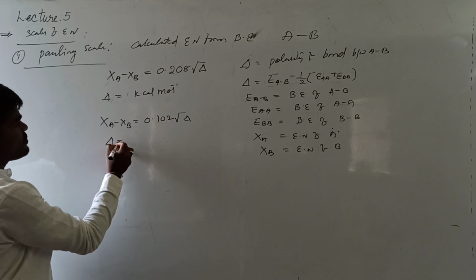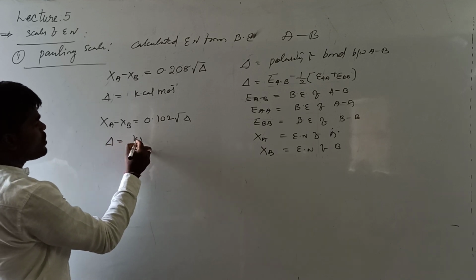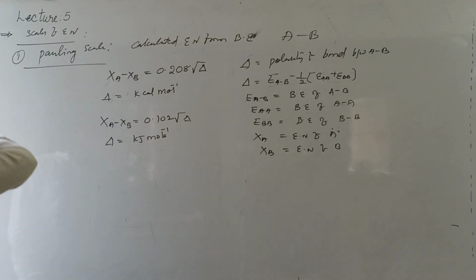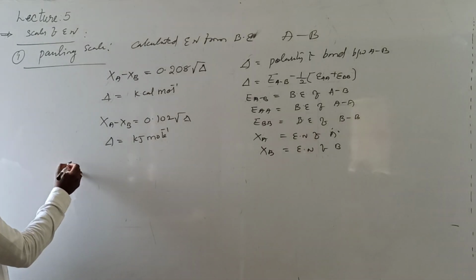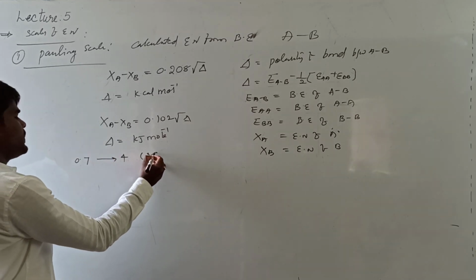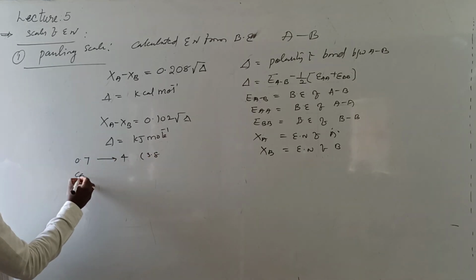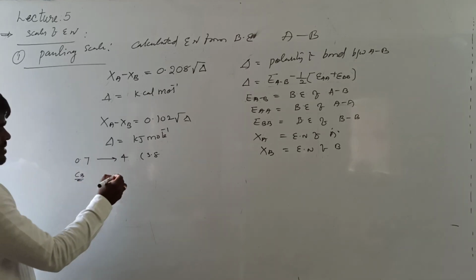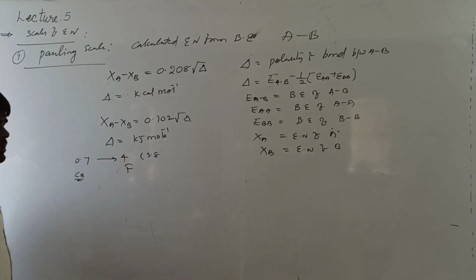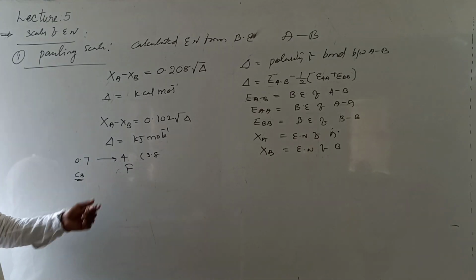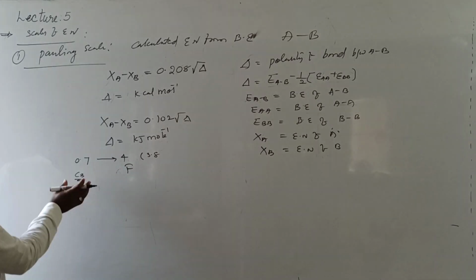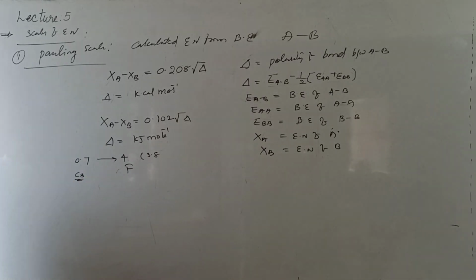This value has to be used when delta is in kilojoules per mole. In the Pauling scale, the electronegativity varies from 0.7 to 4. Actually, it is 3.8 for the lowest, which is observed in the case of cesium. The highest electronegativity is observed in the case of fluorine.